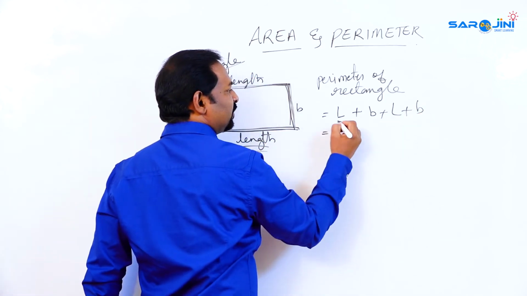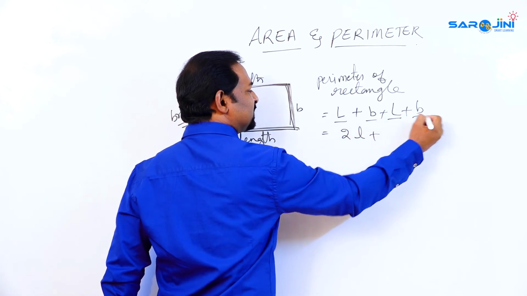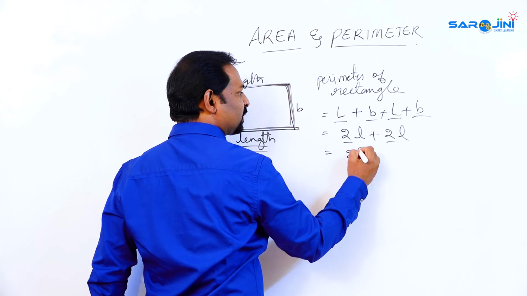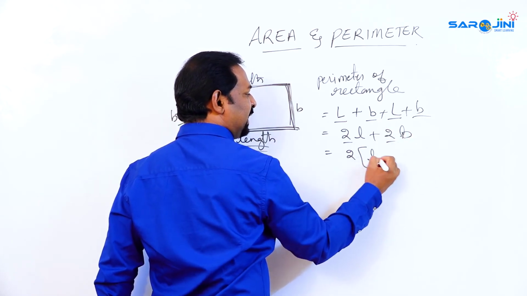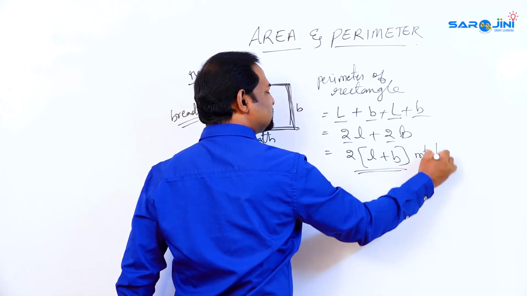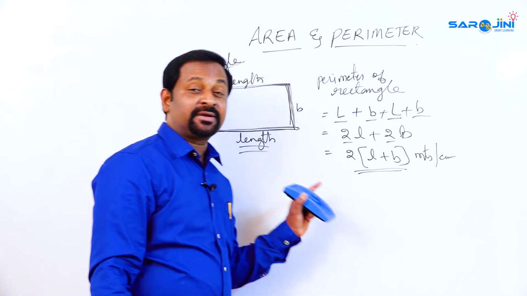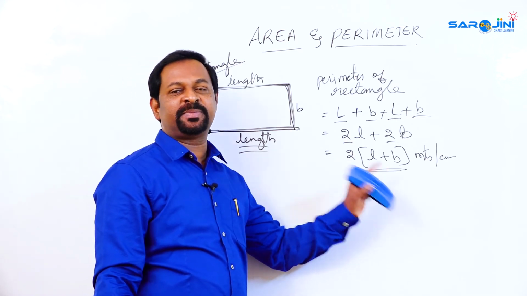So we have 2 lengths and 2 breadths. If you take 2 common, it is length plus breadth. So the perimeter of a rectangle is 2 into (L plus B).